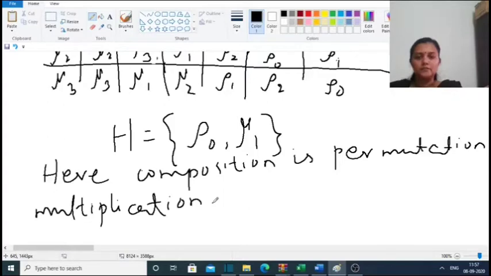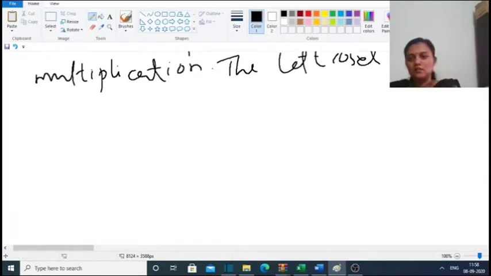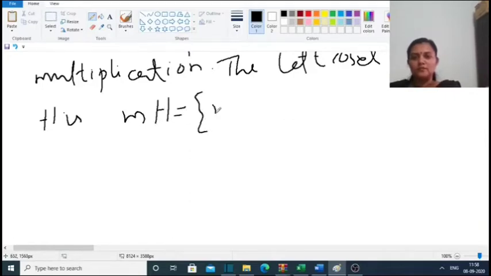And the left cosets are: the left coset containing a is aH, where h is an element of H.